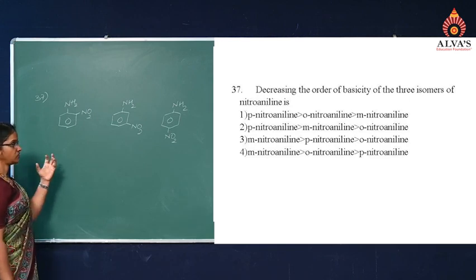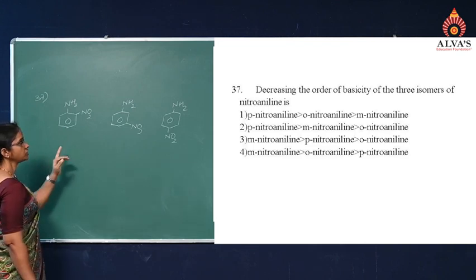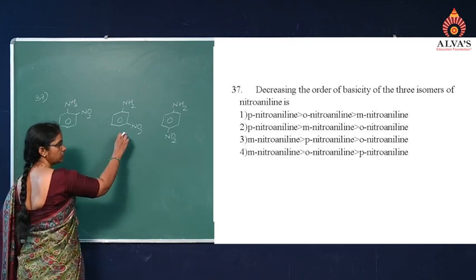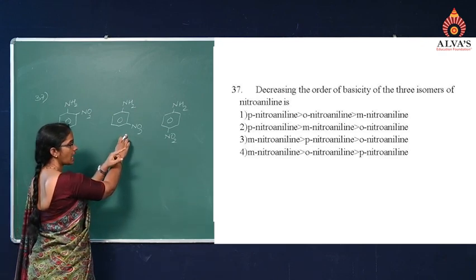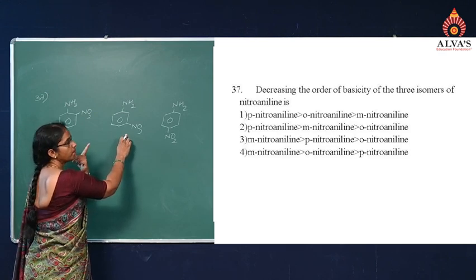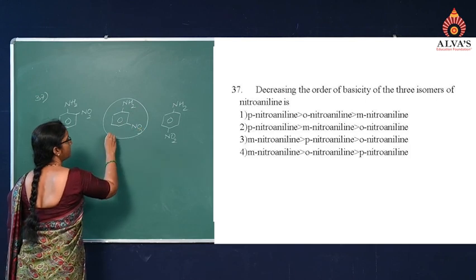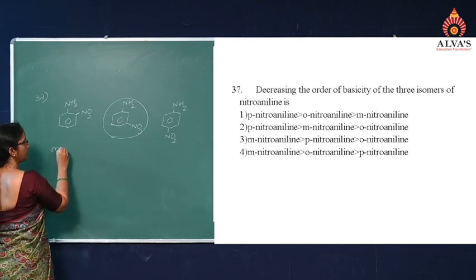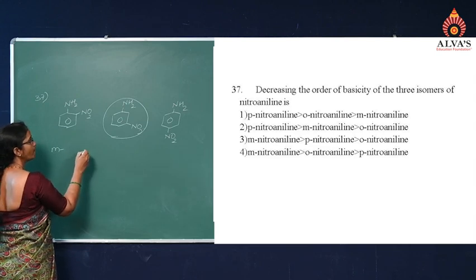So when I am selecting the basicity order, in case of meta we can observe only minus I effect. In case of ortho and para isomers, you observe both resonance as well as minus I effect. Hence, when we compare the strengths, meta will be more basic compared to para.